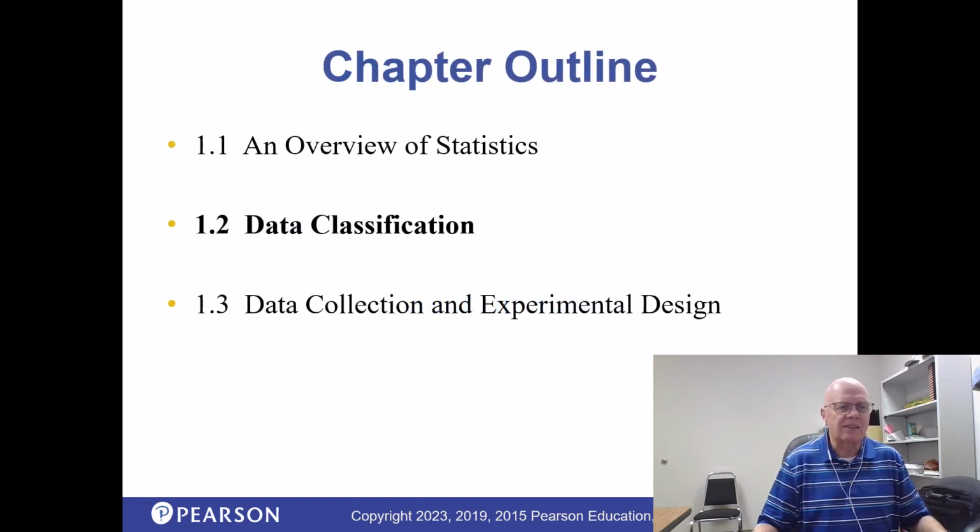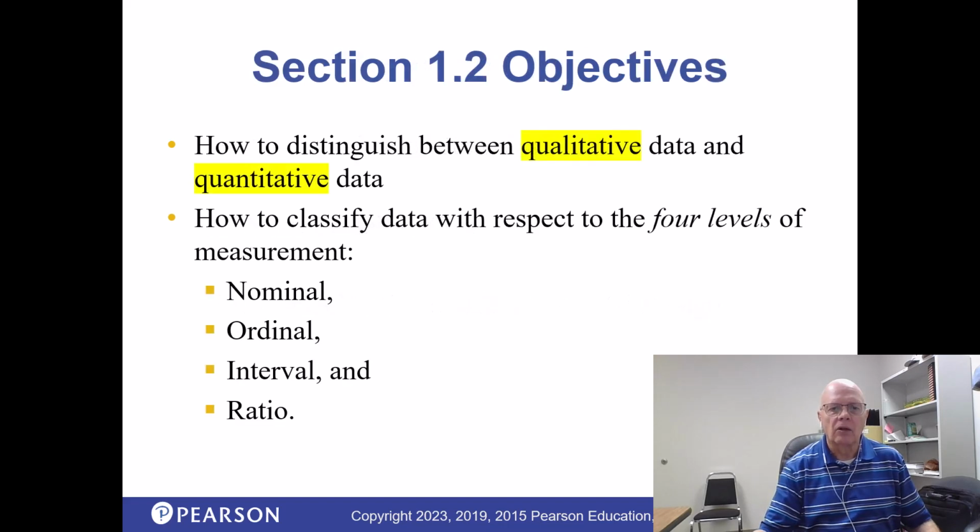Okay, data classification. First of all, we want to know how to distinguish between qualitative data and quantitative data. So how can I get you there? Well, if you look at qualitative data, you're talking about quality.